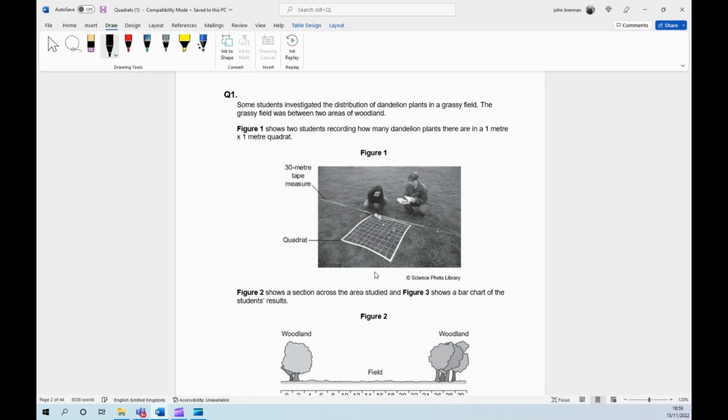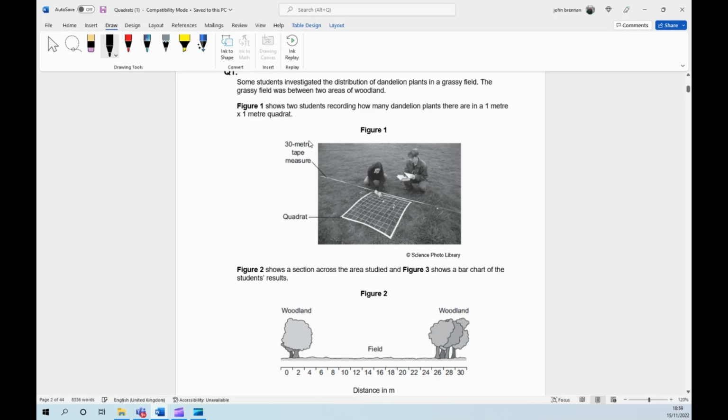Now what they've done is they've put a 30 meter tape measure in between these two areas of woodland, and they've made their survey line between these two areas.